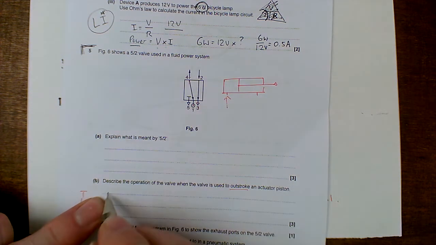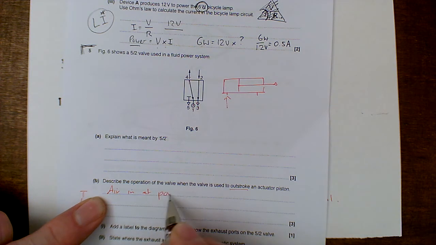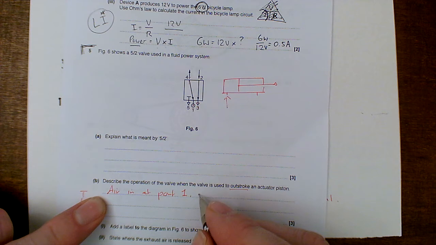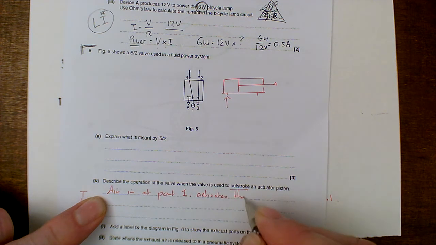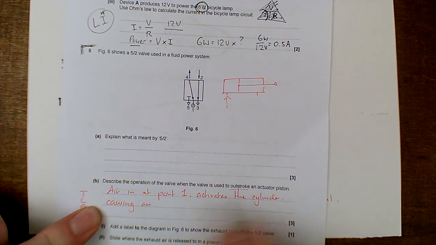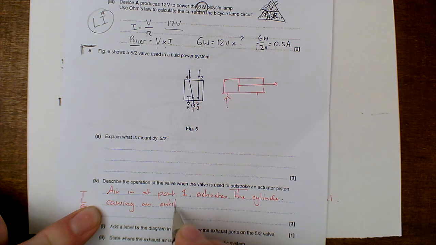So I've got air coming in at 1, air in at port 1, activates the cylinder, causing an outstroke.